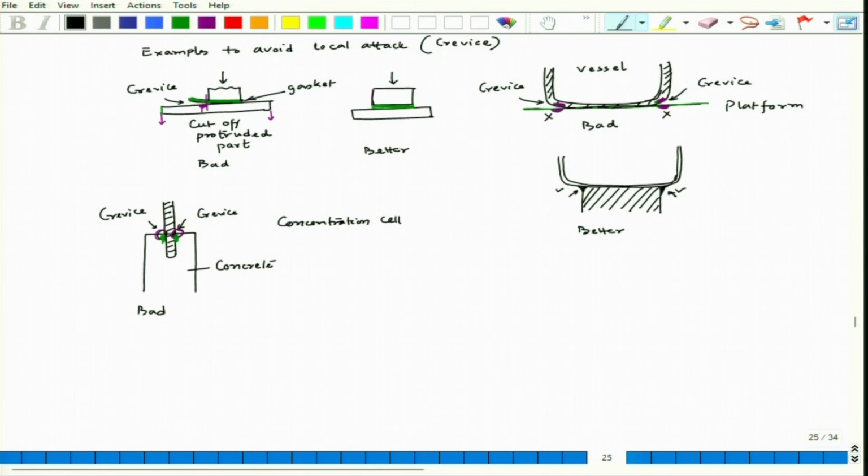The possible way to resolve this, again this is my better design: you have that particular rod going through this, and you can put a cement mixture like this.